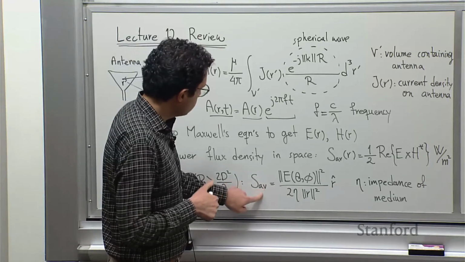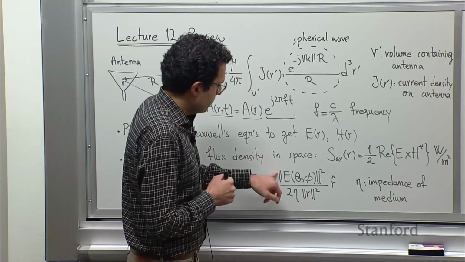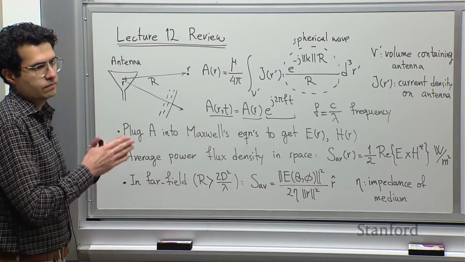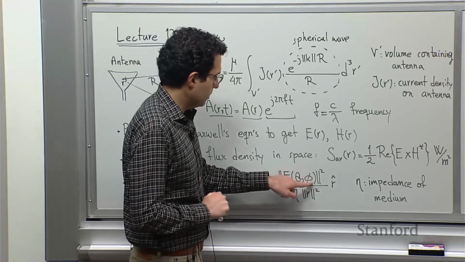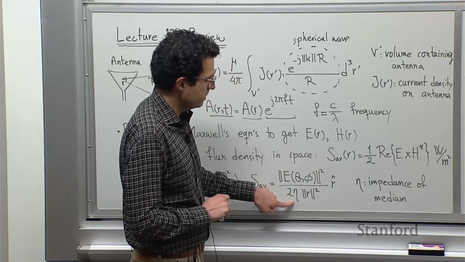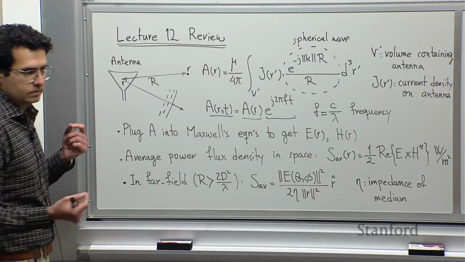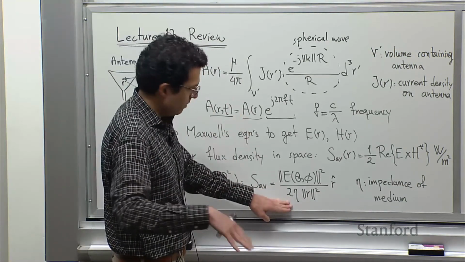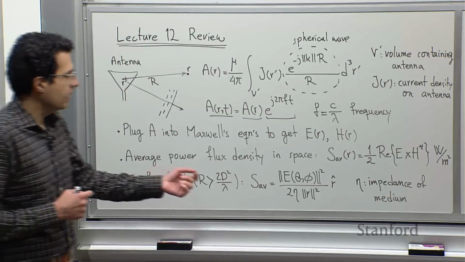Then in the far field regime, the power flux density becomes equal to the magnitude of the E field squared, where theta and phi are the azimuth and elevation angles at the point that we are observing, divided by 2 times eta, where eta is a constant called the impedance of the medium, times the distance squared. So this tells us that our power flux density in the far field has a fall-off that is 1 over distance squared.